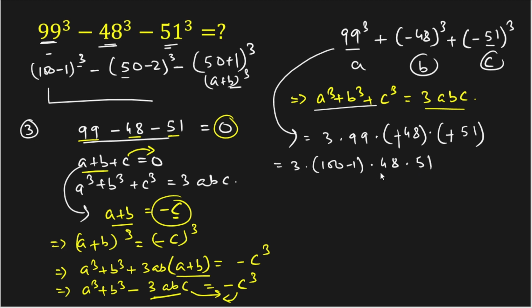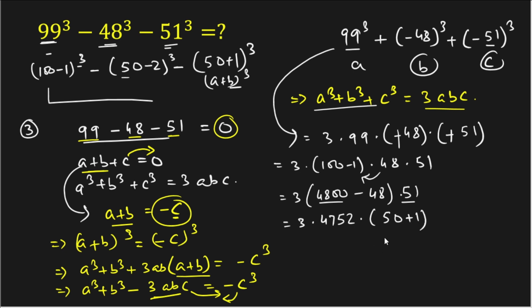Now in the next step we'll multiply 48 by 100 and negative 1. So it will be 3 times 4800 minus 48, that is multiplied by 51. So now we can write 3 times 4752 times, and we'll write 51 as 50 plus 1.